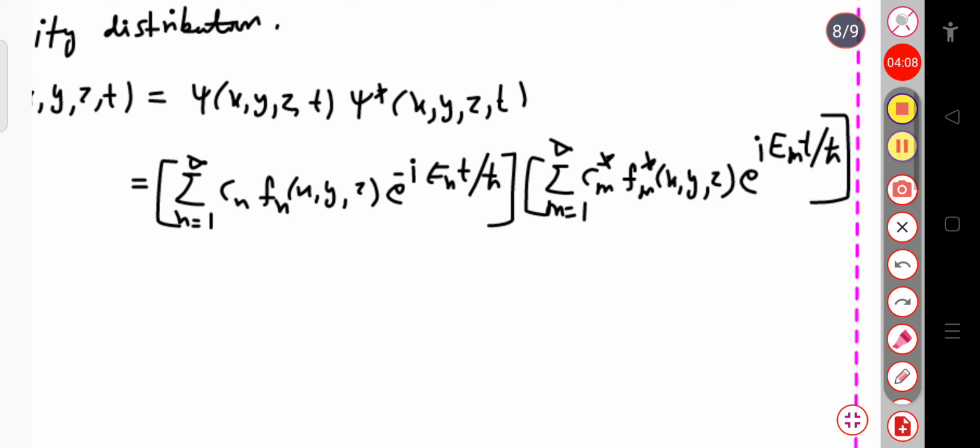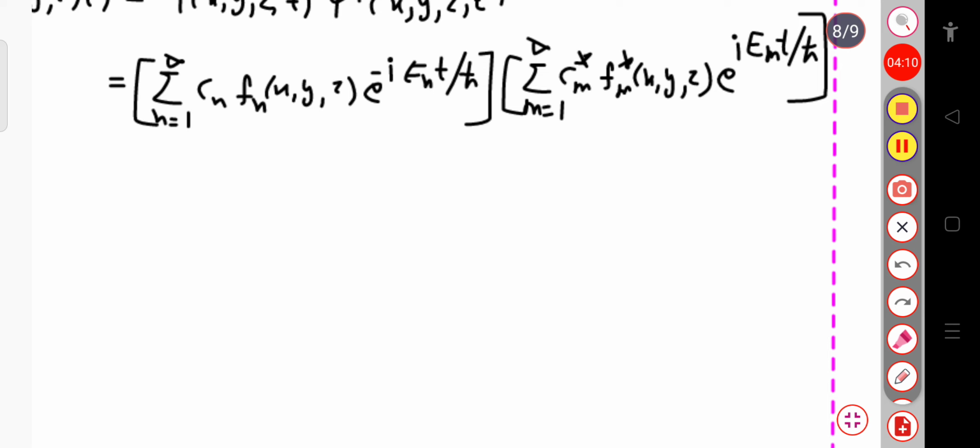Okay. So if you multiply these two terms, first of all you can see one sum is from n equal to 1 to infinity and another is from m equal to 1 to infinity. First we will consider the term when m equal to n, and after that we will write the terms when m is not equal to n.